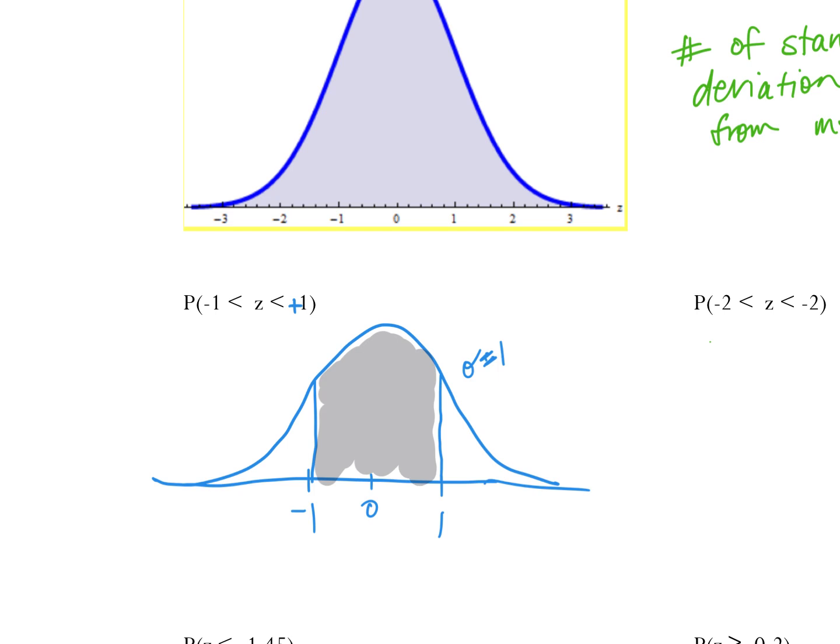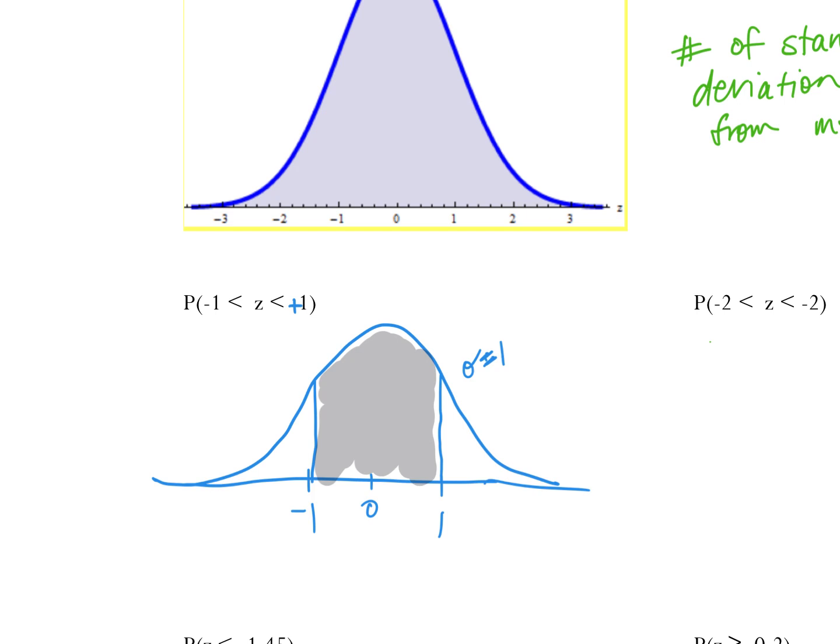Now hopefully your calculator is asking you for a lower and an upper. Everybody good? That lower and upper is asking you to describe the shaded region. What's the lower boundary of the shading? -1. And then the upper is the upper boundary of where you're shaded. Where's that? 1.